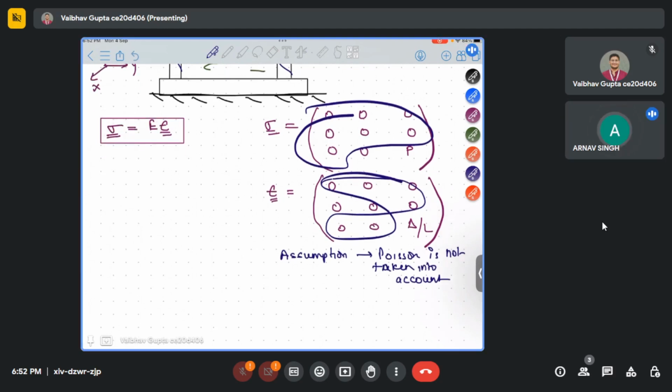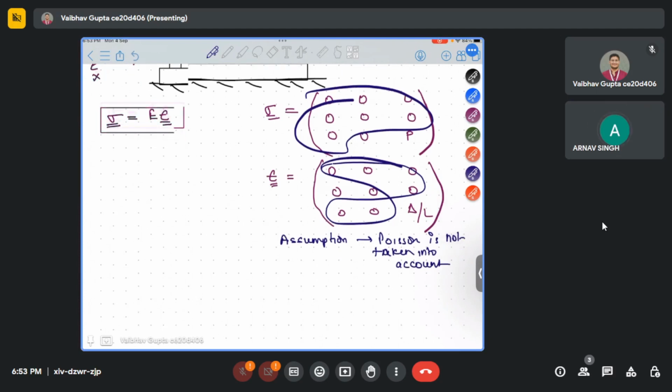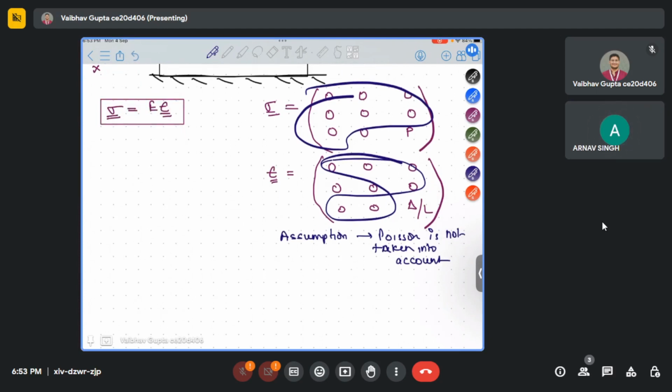Yeah, just this is the last case, and then we'll move on to the question solving part. Now we see that stress is related to E into epsilon.